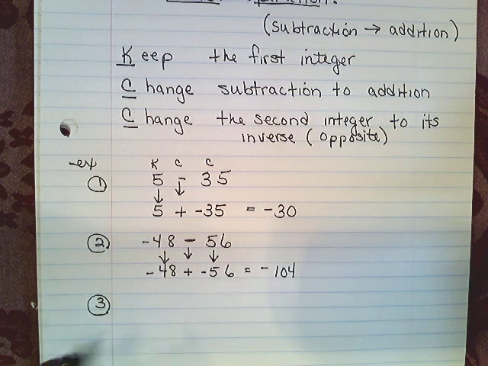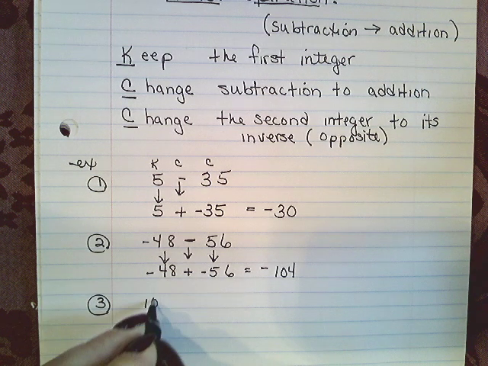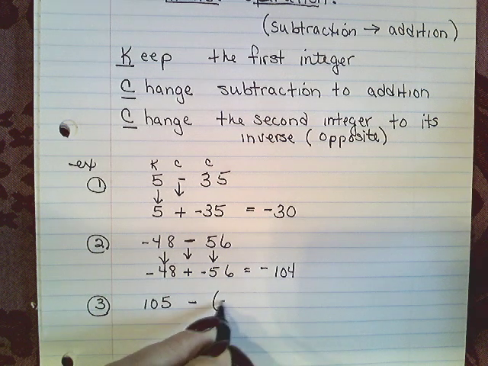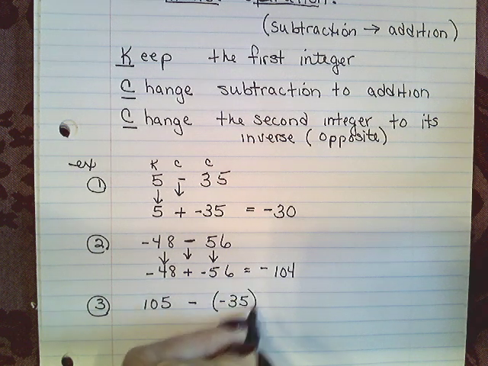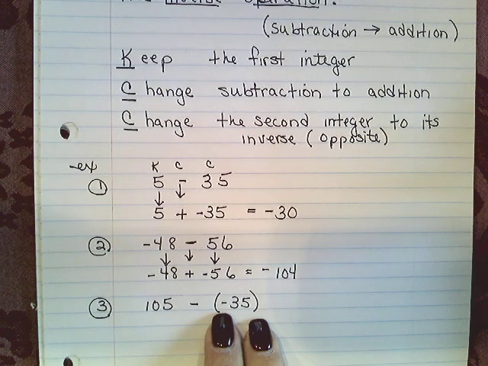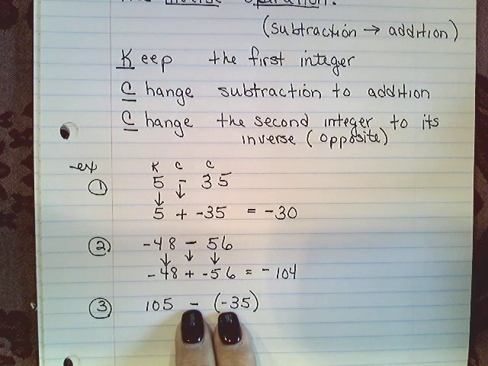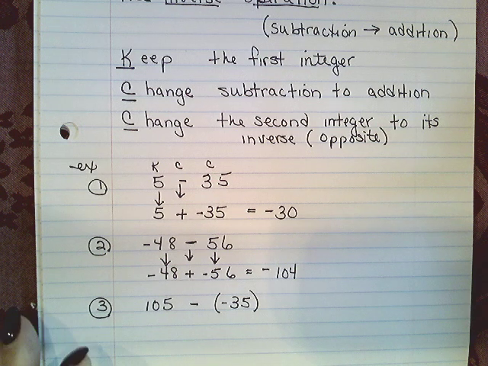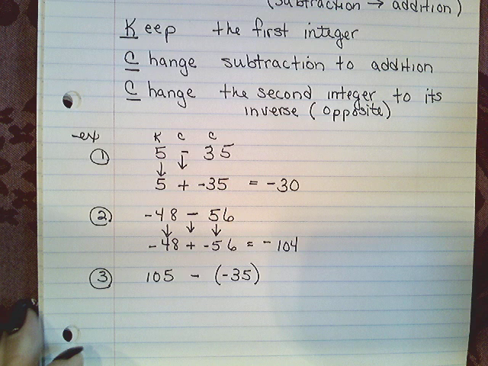Okay, third example, 105 minus negative 35. Now, the reason I put that negative 35 in parentheses is because I wanted to make sure that I'm separating the subtraction sign from the negative sign. I don't want that to be all squished together and not understand what we're supposed to be doing.